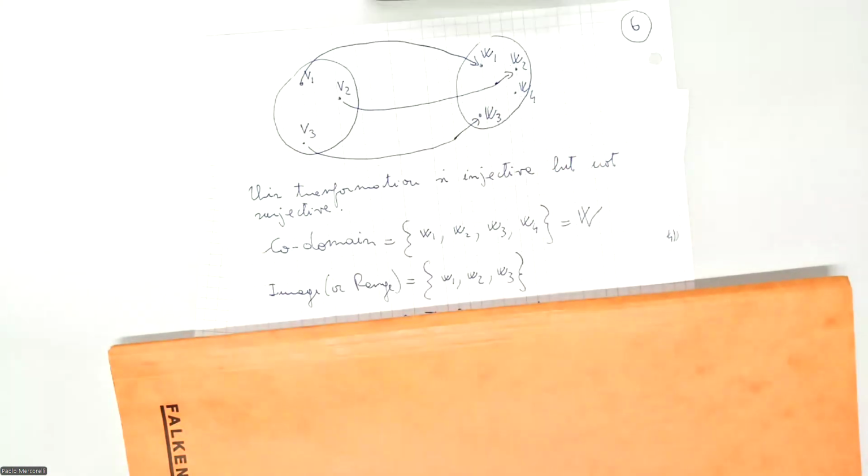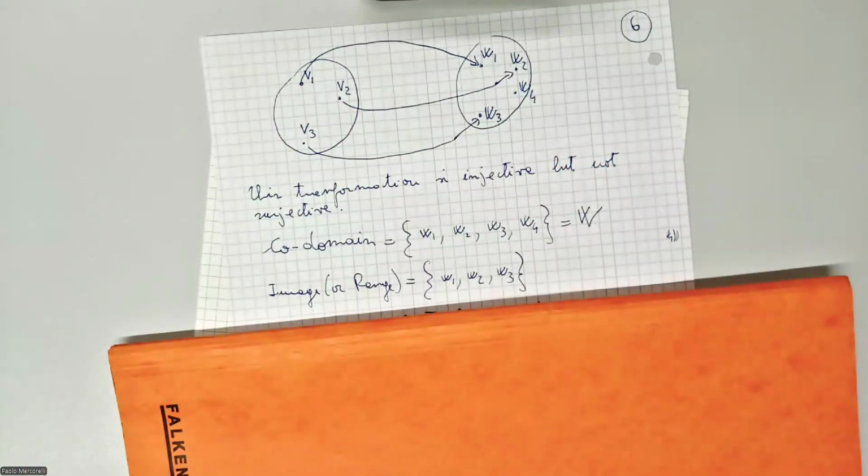I don't know if the difference between image, or range in some books (synonymous), and the codomain is clear now. At the end, if the codomain is not equal to the image, the transformation is always not surjective.